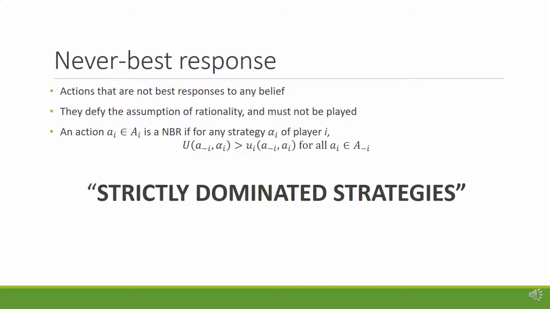An action A sub i of player i is a never best response if there is some other strategy alpha sub i of player i such that the payoff, denoted by u sub i in this case, that player i receives by playing alpha sub i when the other players are playing their strategies A sub minus i is always strictly greater than the payoff she receives by playing the strategy A sub i, for all the other players' strategies. So by intuition, a never best response should never be played.